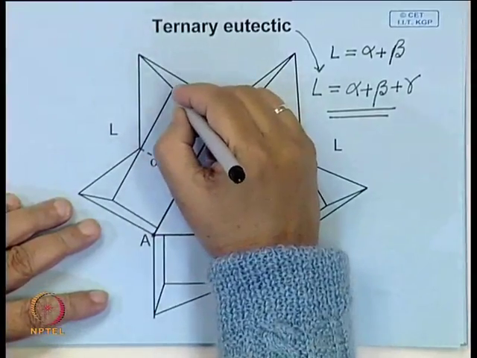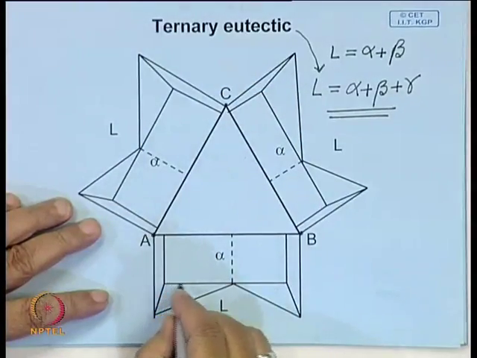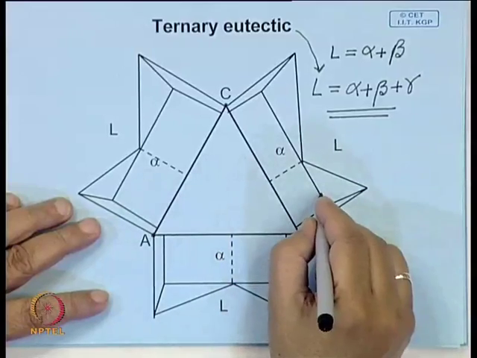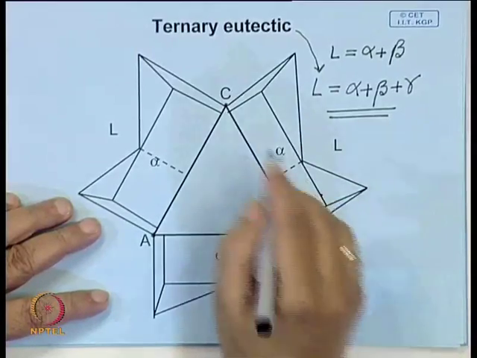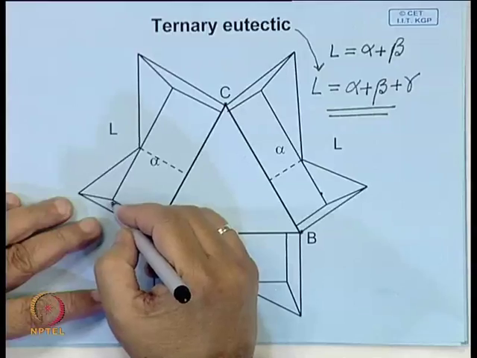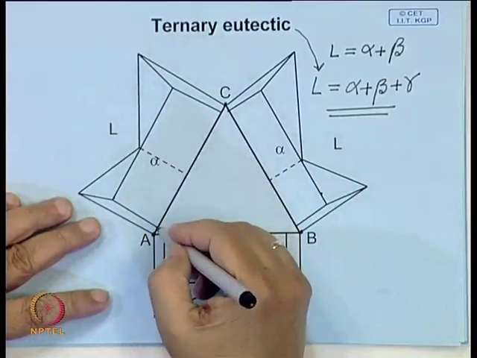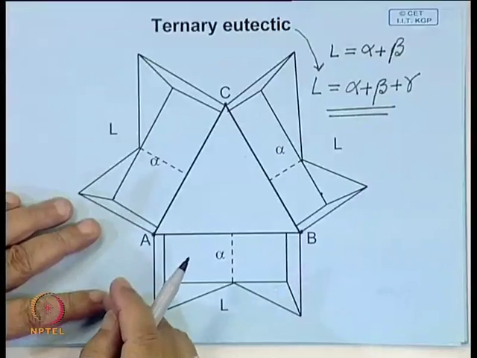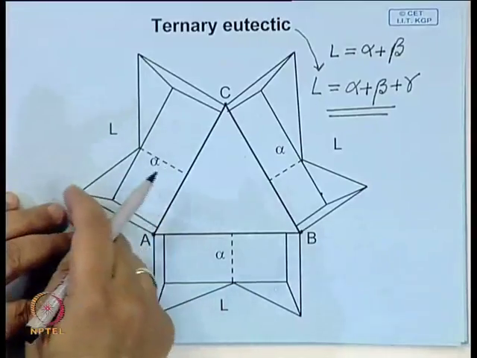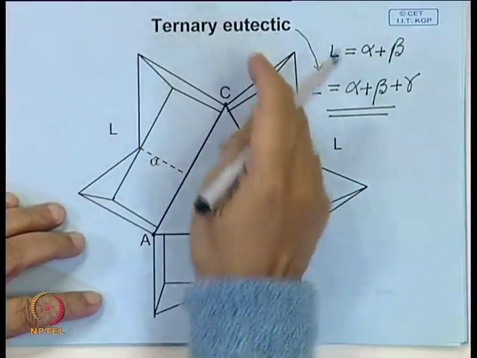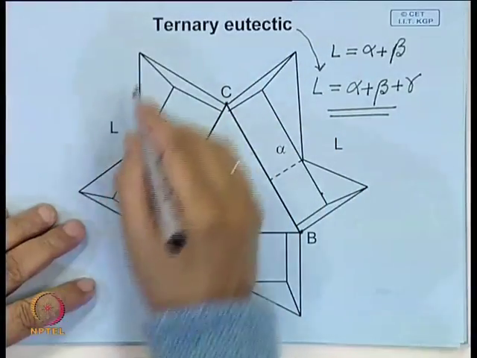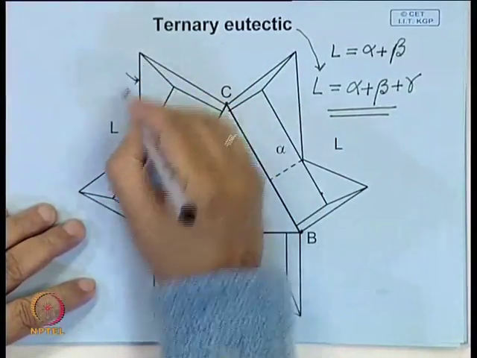This is the binary eutectic isotherm for system A B, this is the binary eutectic temperature for the system B C, and this is the binary eutectic temperature for the system A C. Here also you cut out this portion and fold it along this line, and imagine this is the liquidus line.